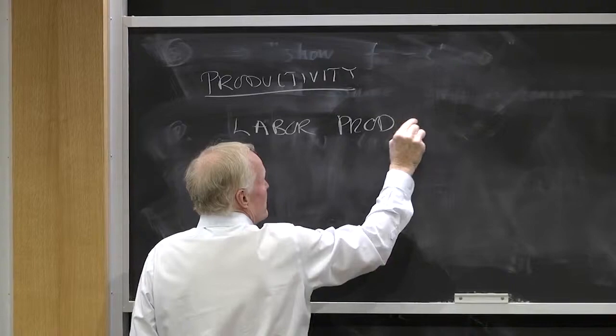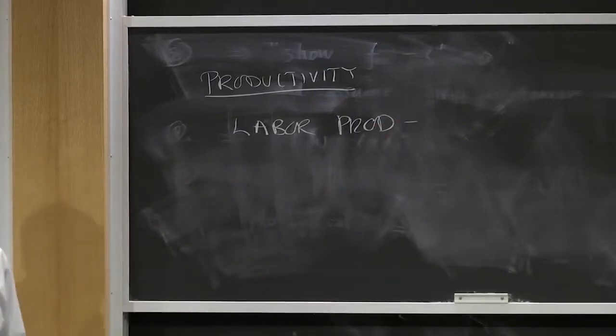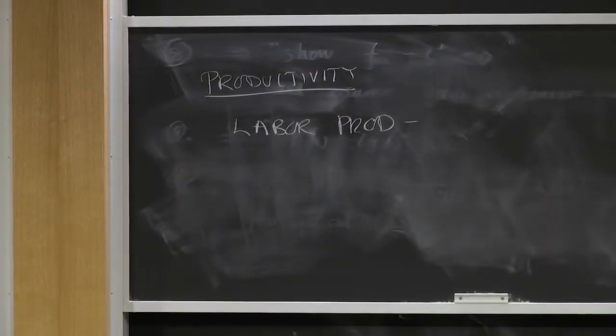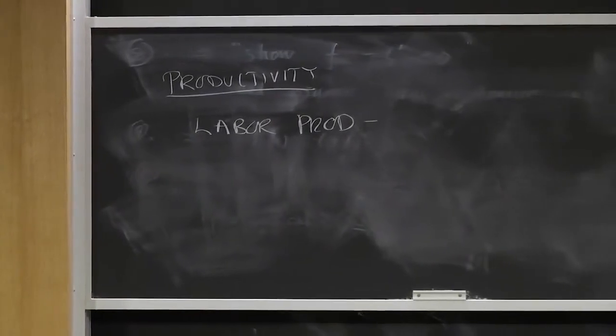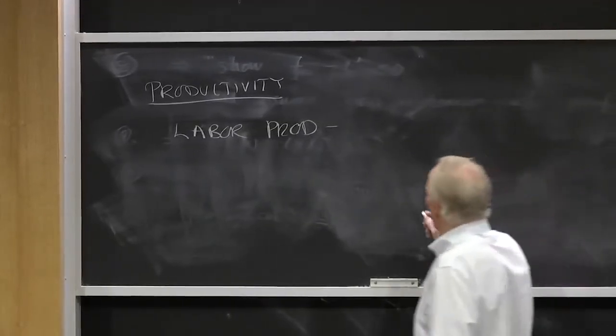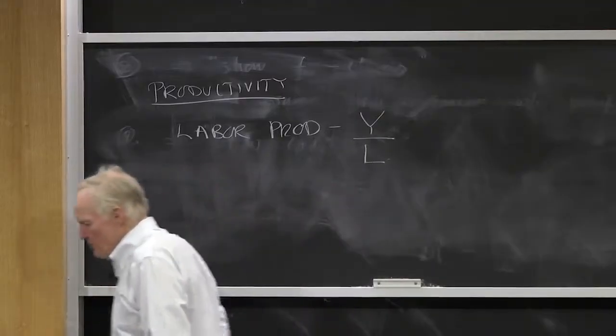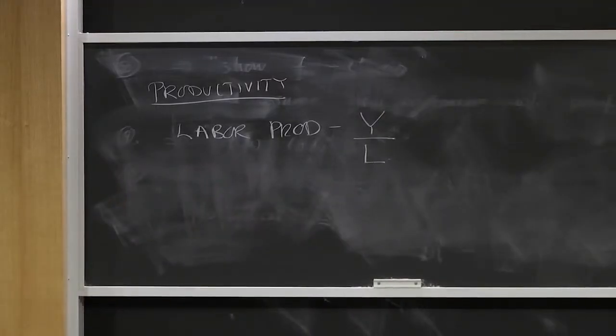So when you hear the productivity statistics that are typically cited, you know, productivity grew at X percent, it's normally labor productivity they're talking about, which is just Y over L. That's just the ratio of output to labor, as output per man hour is the kind of notion.